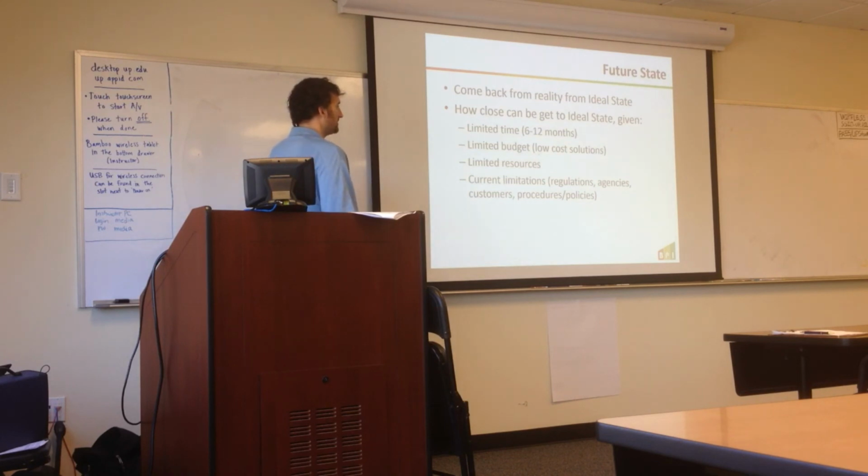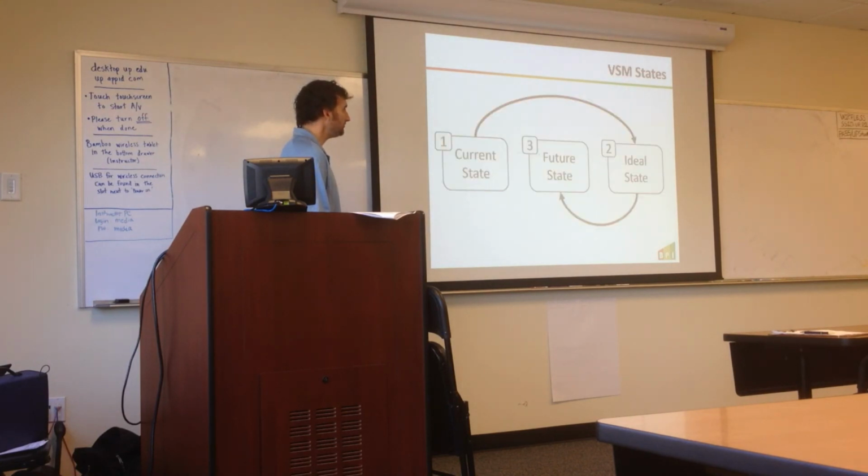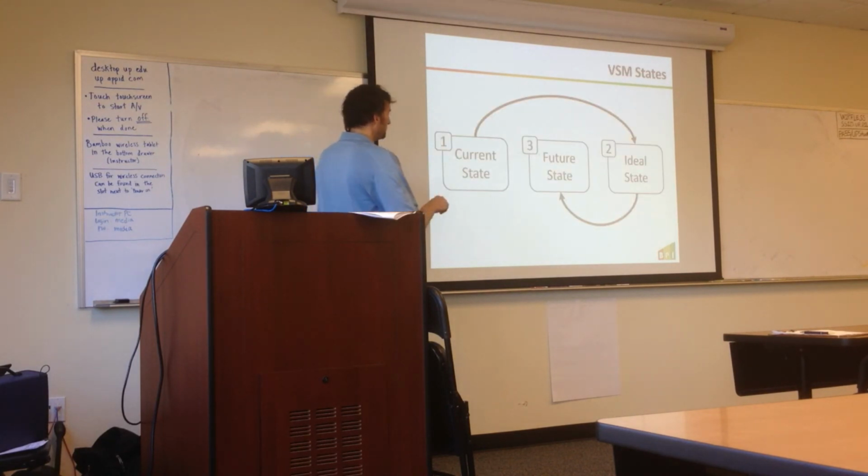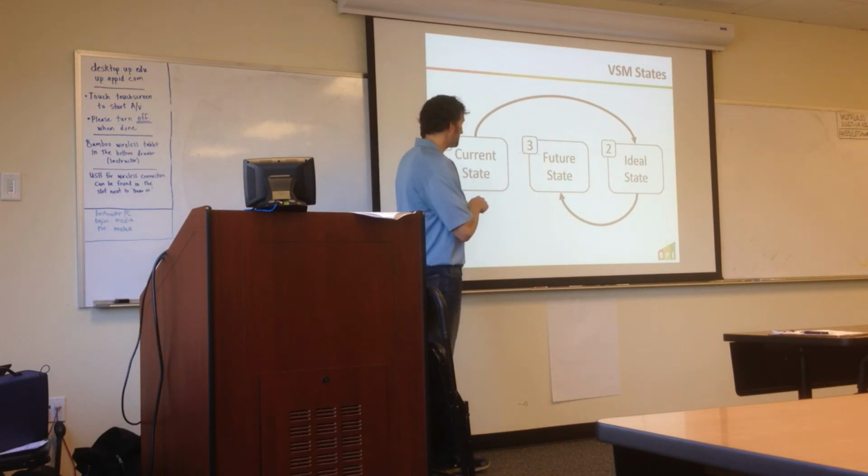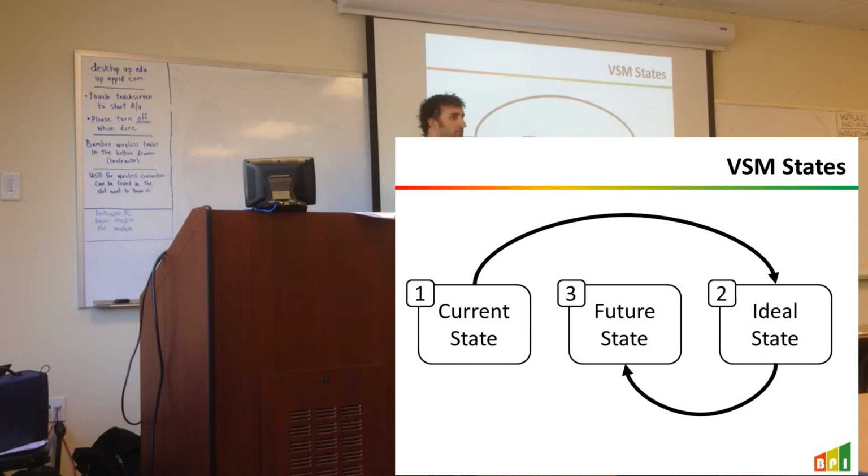So you're going to have these limitations, but we try to find low cost, best bang for the buck opportunities. This is how I like to do the discussion: current state map to ideal state discussion. It's not really a map, it's more of a theoretical discussion. And then we come back and say, now, not going from current state to future state, instead going from ideal state to future state.